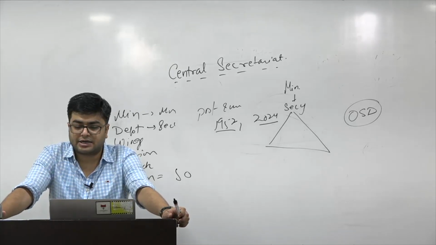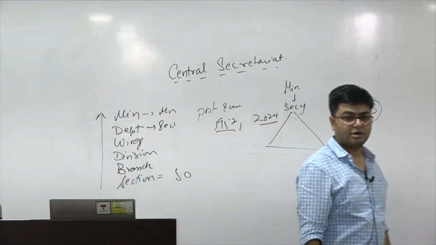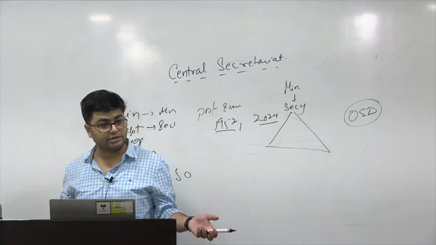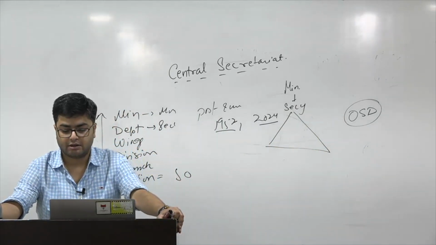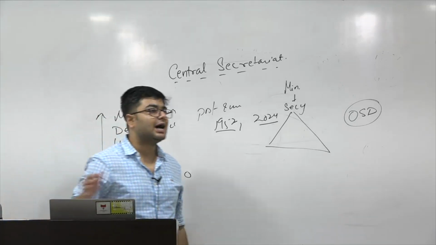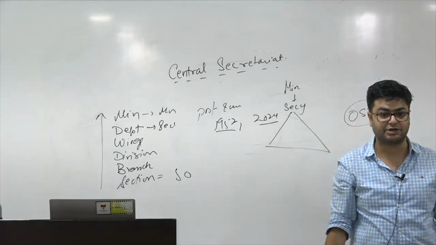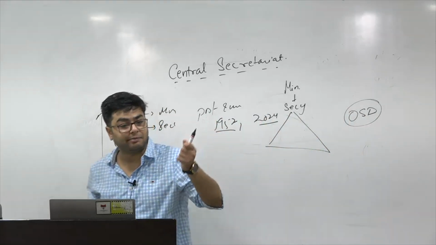So from under secretary to secretary, you will see that they are the class 1 officers or the group A officers, either direct recruitees or even promotees. And since they belong largely, if it's not a specialized ministry, to the IAS, they are on deputation, central deputation.